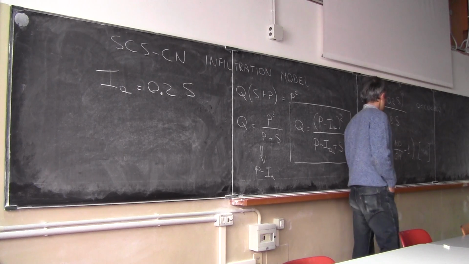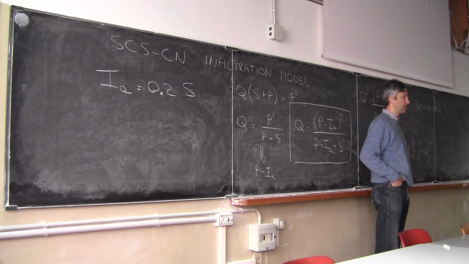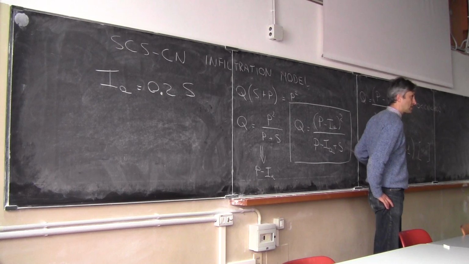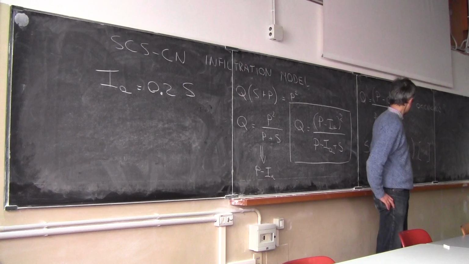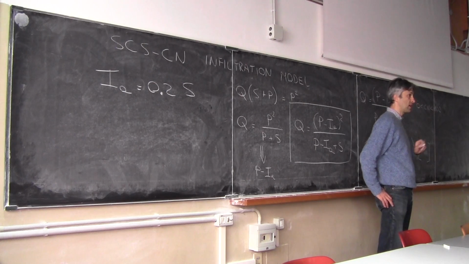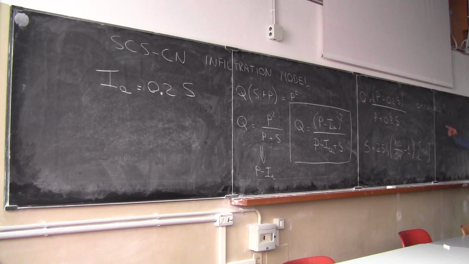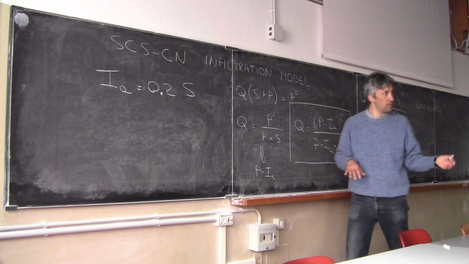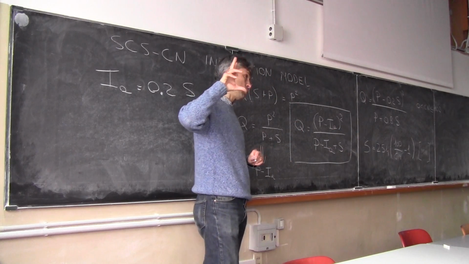In fact, if you substitute 100 for Cn, you obtain 1 minus 1, which is 0. So S assumes the value of 0. So Cn equal to 100, once again, means impervious soil. We can put an equal sign here, because indeed, if you have impervious soils like paved roads or roofs, you have to put Cn equal to 100.